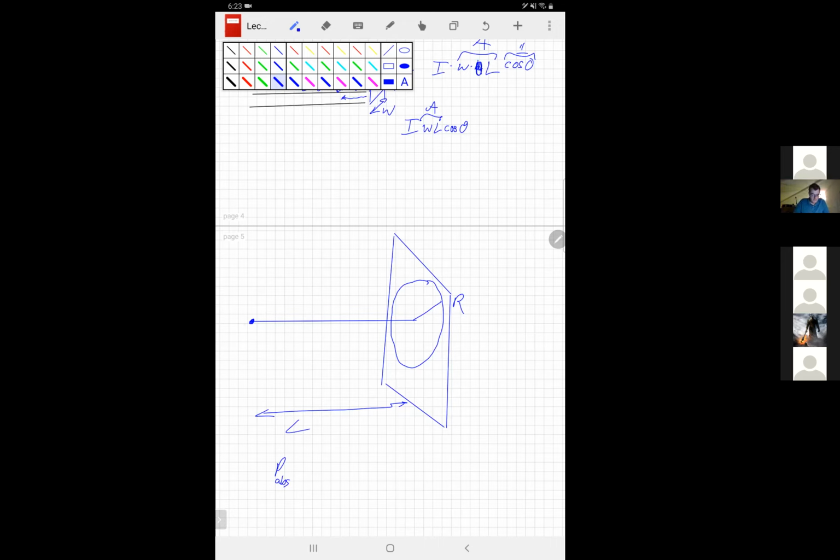Well, is the intensity the same at every point in this circle? Yes or no? Is the intensity the same everywhere? My point source is right here.